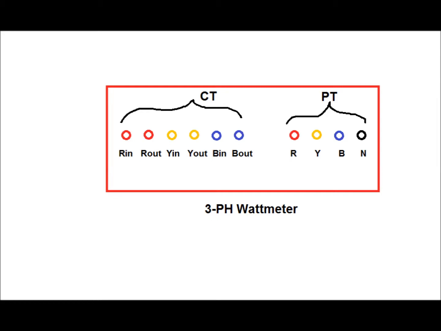For the yellow phase, the PT secondary should be connected to the yellow phase, and for the blue phase to the blue phase in the wattmeter circuit, and the neutral to the neutral in the wattmeter circuit, as shown in this diagram. Similarly, the red phase current input and output terminals, the yellow phase current input and output terminals, and the blue phase current input and output terminals have been shown in this diagram.